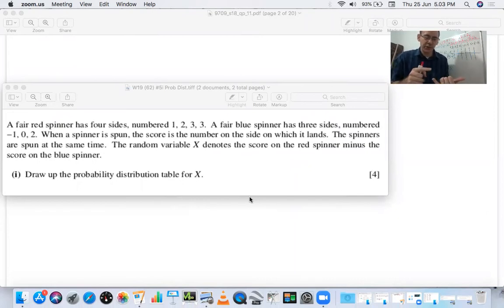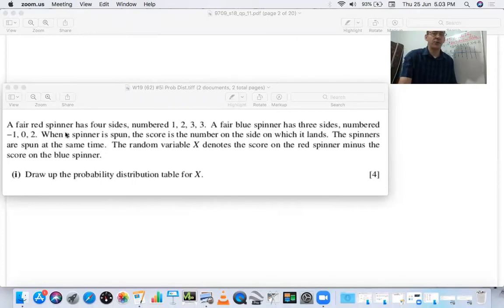If you see the words fair, not biased, or unbiased, it means you have equal opportunity for all of the outcomes. If it says biased, then it has to provide the different probabilities of getting the different outcomes.